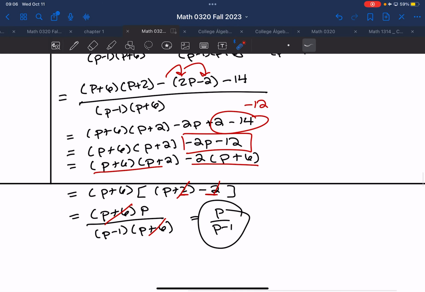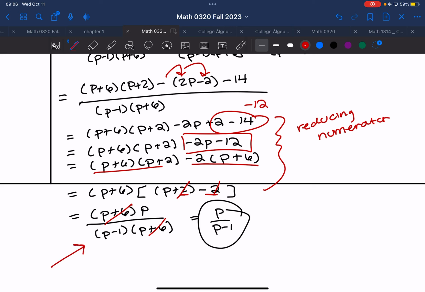Okay, and then remember that this whole section here, this was me reducing the numerator instead of me writing the denominator again under it 4 more times. I just had to remember at the end to bring my denominator back.